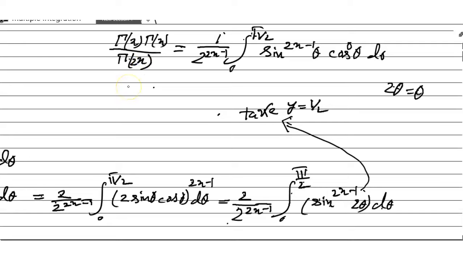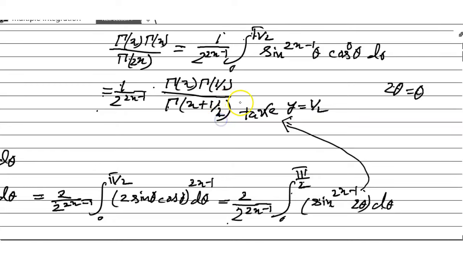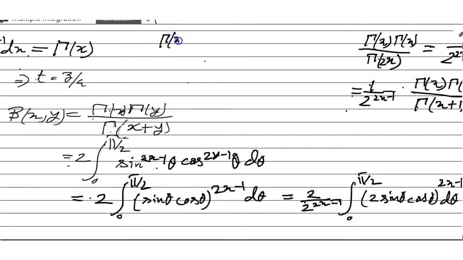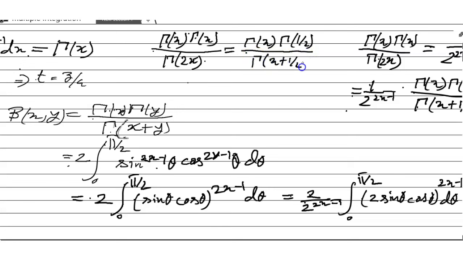So friends, this is the main factor, that is gamma x into gamma x divided by gamma 2x, and this equation is considered as 1 by 2 to the power 2x minus 1 equals gamma x gamma half divided by gamma x plus half.